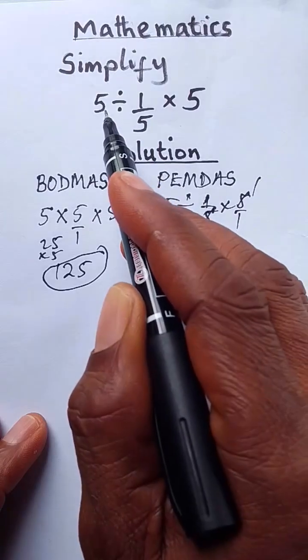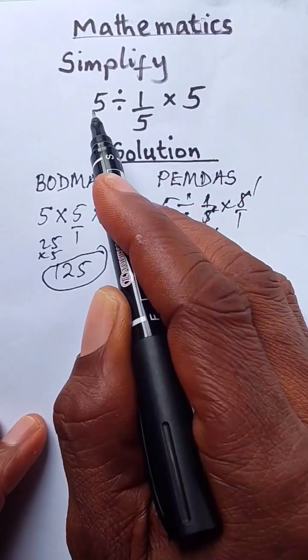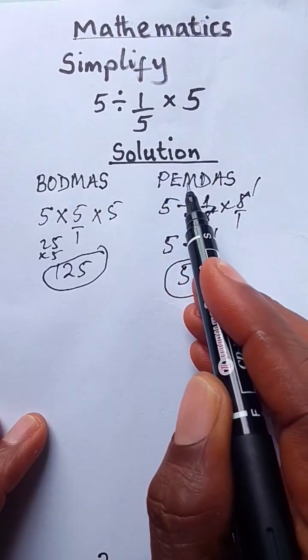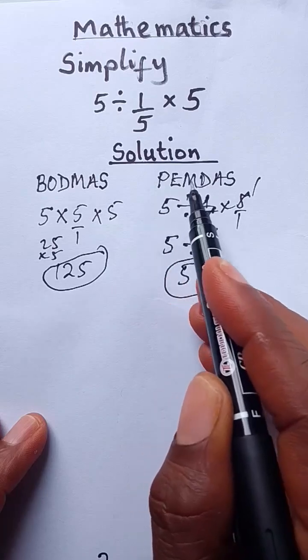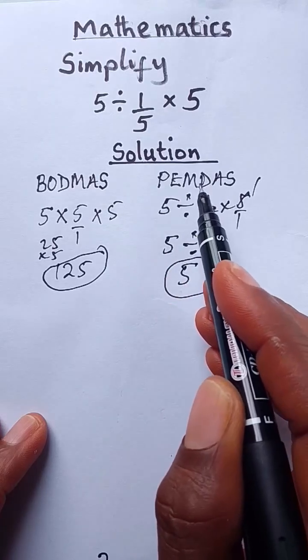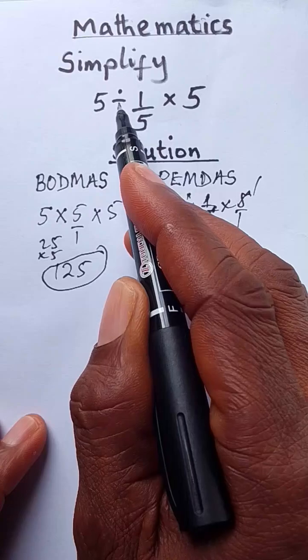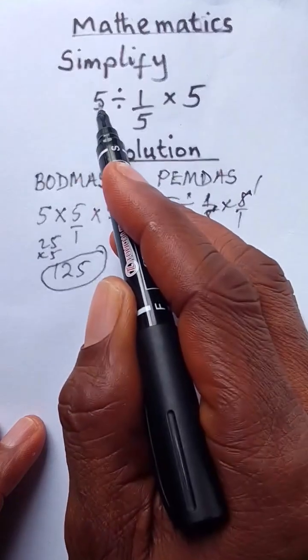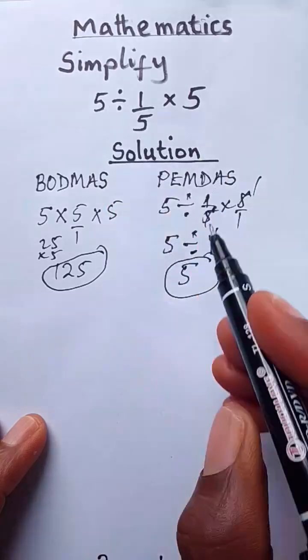first, because the operation that comes first from left to right, that is what we should attend to with respect to multiplication and division. So using my PEMDAS, what we ought to have done first is this division, not necessarily this multiplication, because from my left, division appears first.